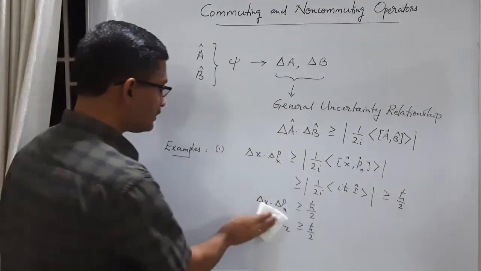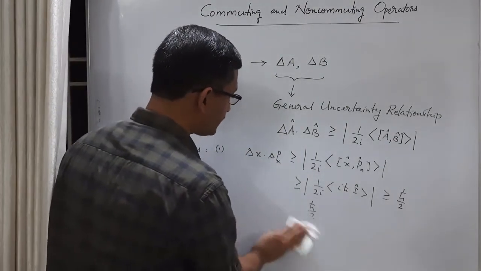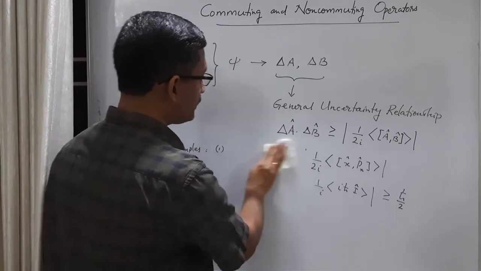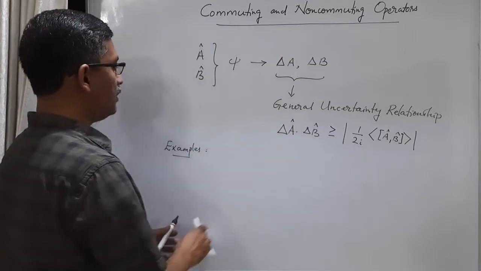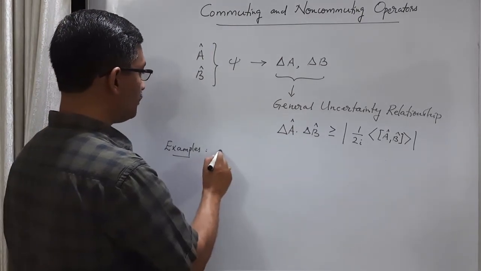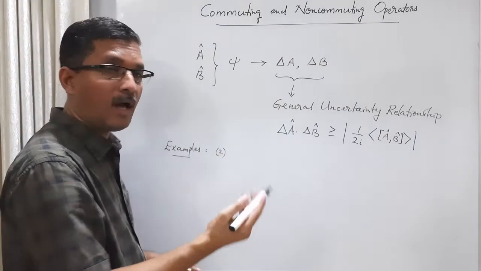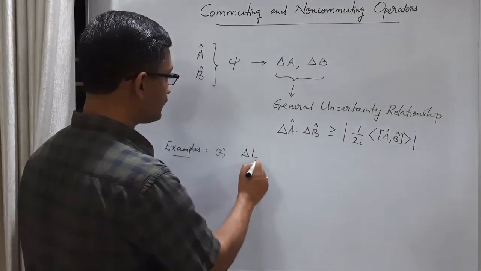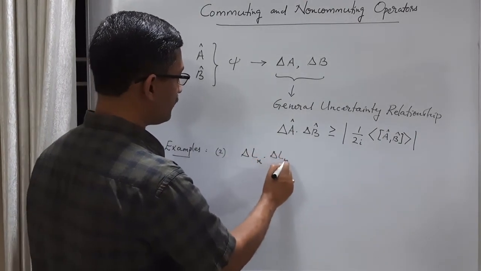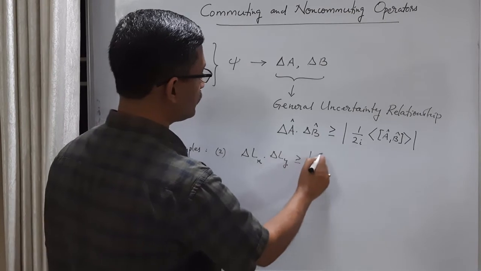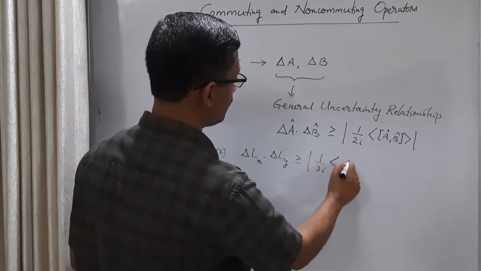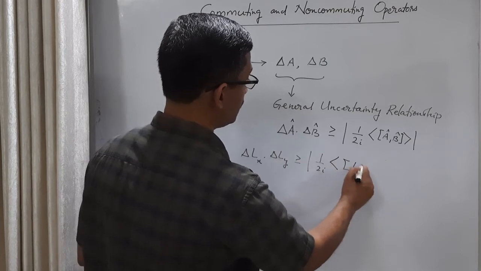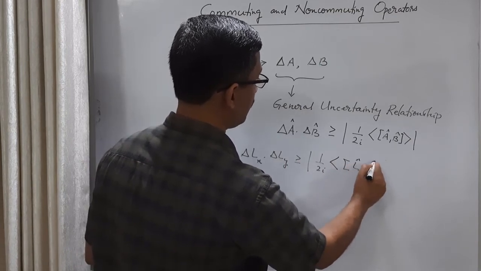Let us consider another example. This time let us consider non-commuting operators different from canonically conjugate pairs. For example, the components of angular momentum operators, delta Lx into delta Ly, greater than or equal to 1 by 2i expectation value of the commutator Lx, Ly.